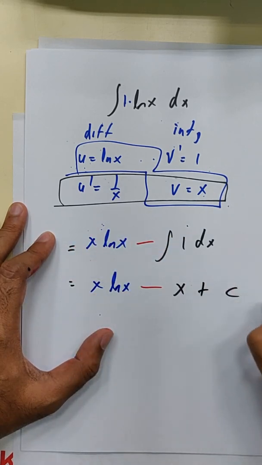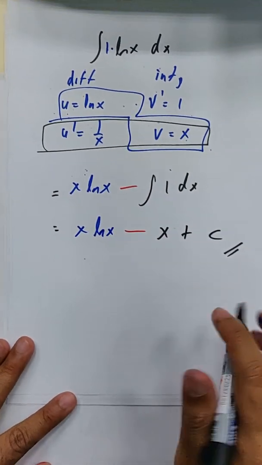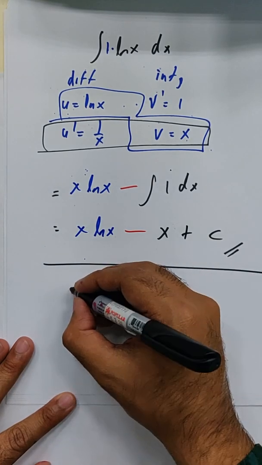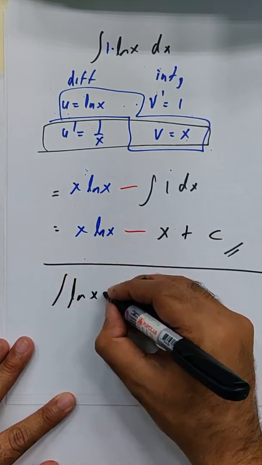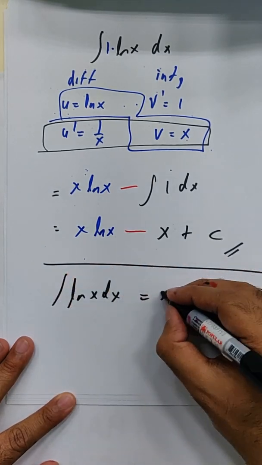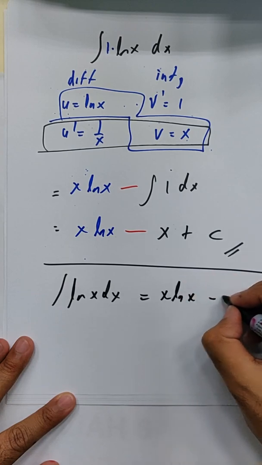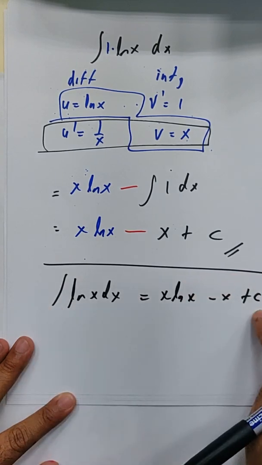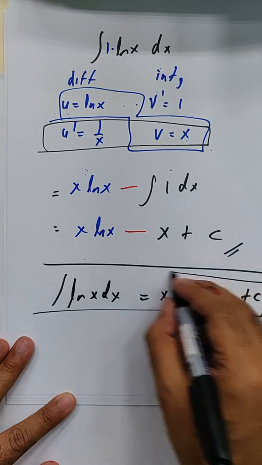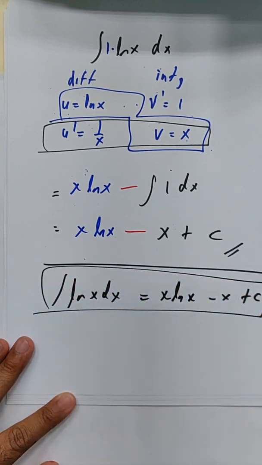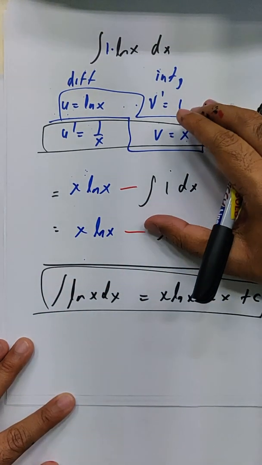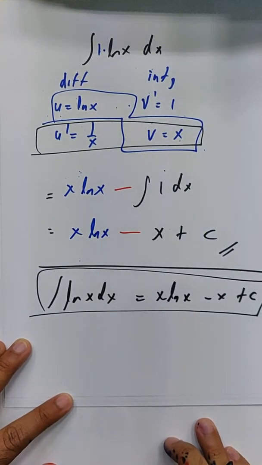Plus c. Okay, a bit of a disclaimer over here. Integrating ln x will give you x ln x minus x plus c, and some lecturers say you're allowed to integrate this one directly without using this whole concept, but some lecturers disagree with it.